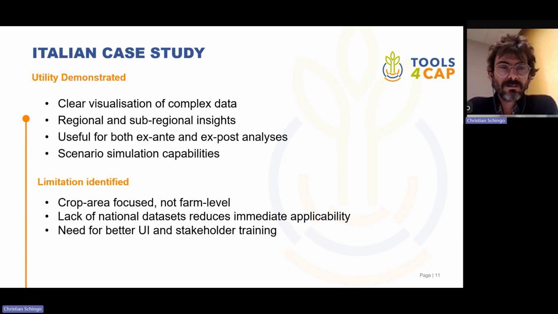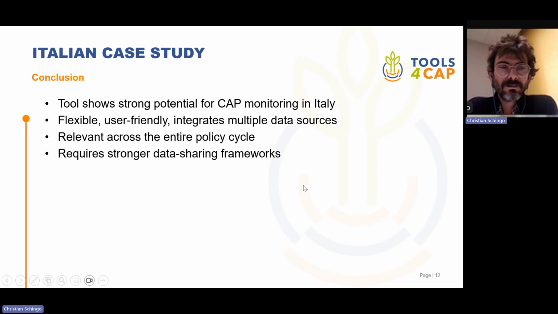A limitation identified was the CAP area focus, not at farm level. The lack of national data sets reduces immediate applicability, and there is a need for a better UI and stakeholders training.